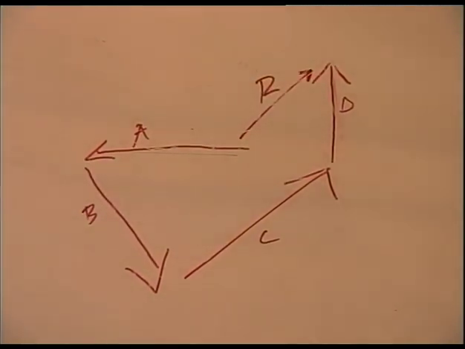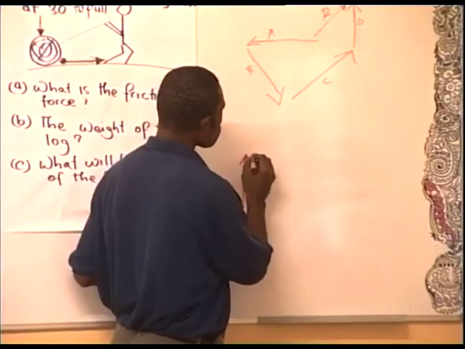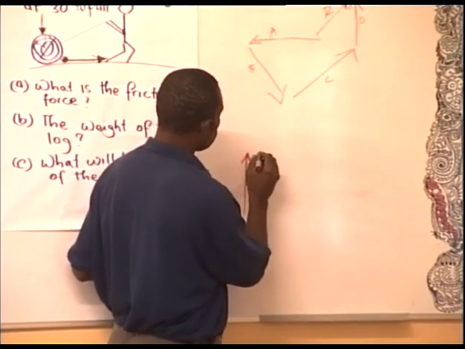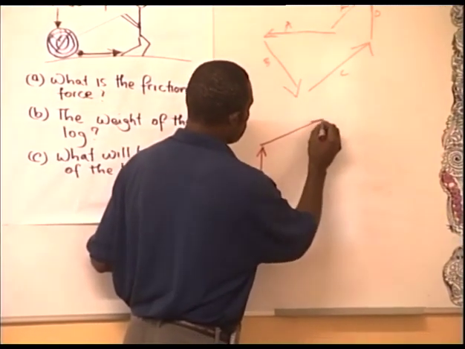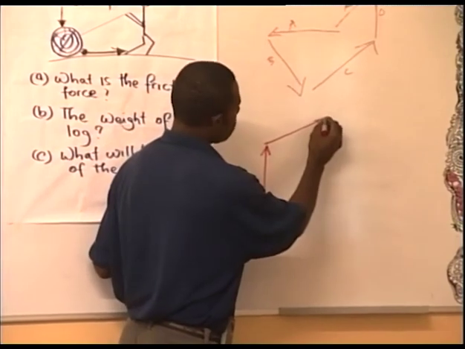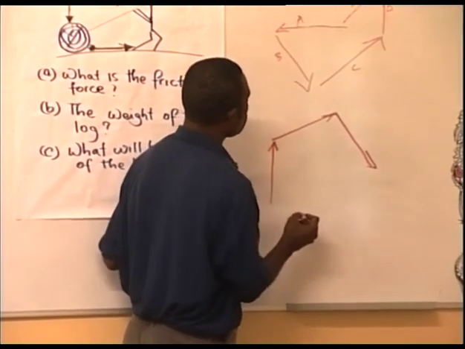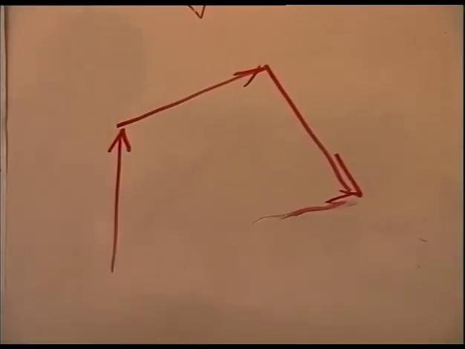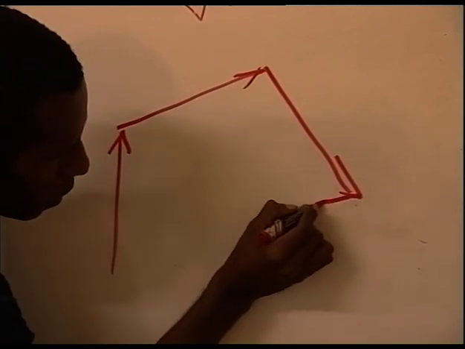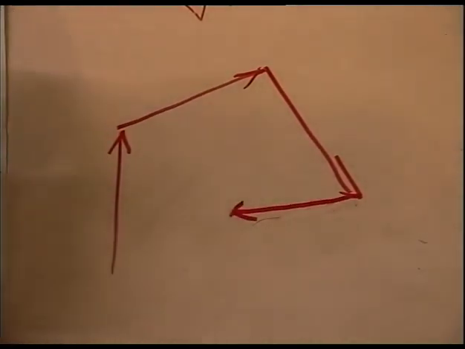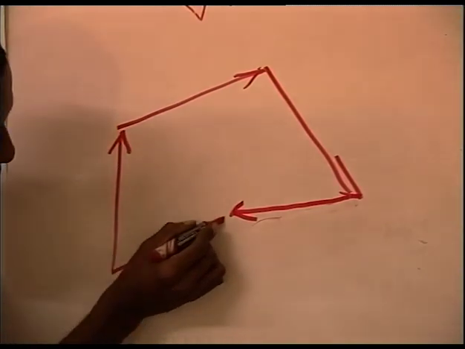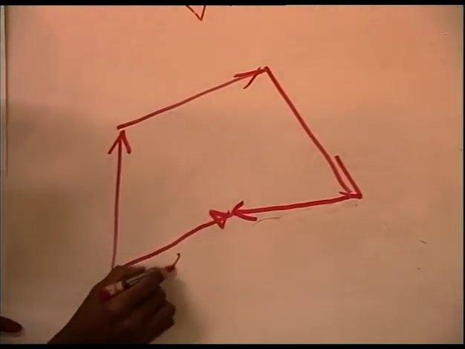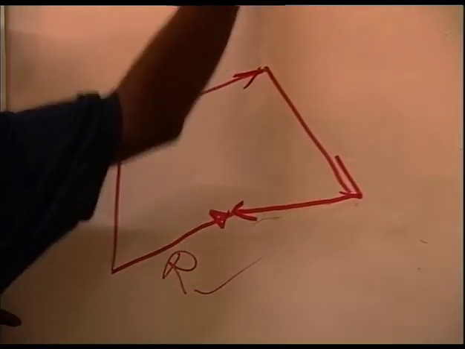The final resultant will be facing in the last direction. Or if you decide to have it another way, let's say this time you are starting off with D. That is D, and then C, and then B, and A is just moving that way, so the resultant will be, you will find that this is almost equal to this one.